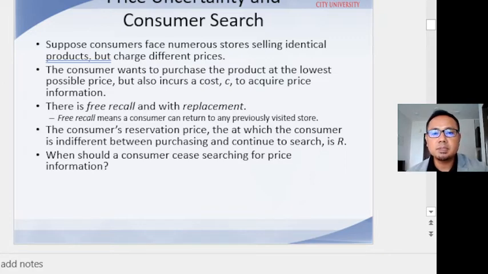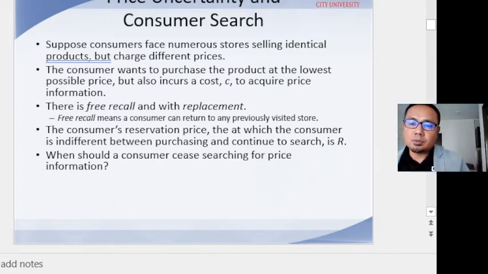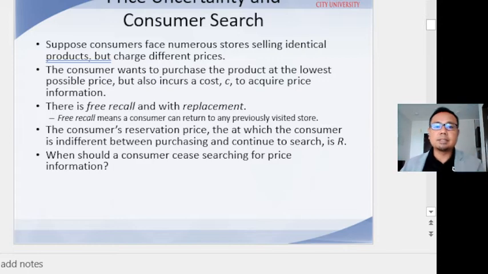Suppose consumers do not know the prices charged by different stores for some homogeneous commodity, and that numerous stores charge different prices for the same brand of watch. A consumer would like to purchase the product from the store charging the lowest price, but she does not know the price being charged by individual stores.